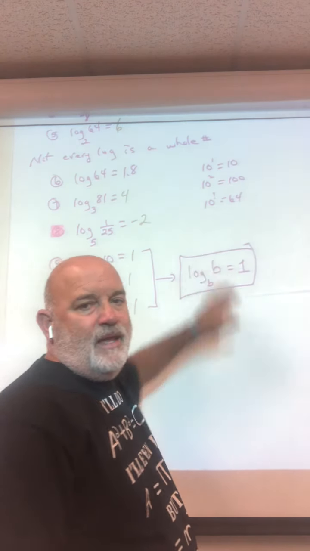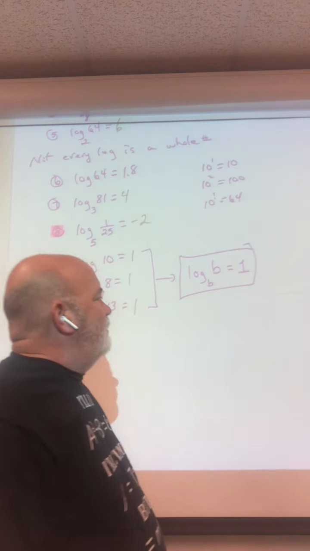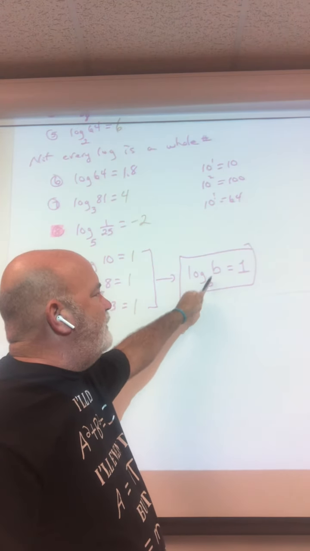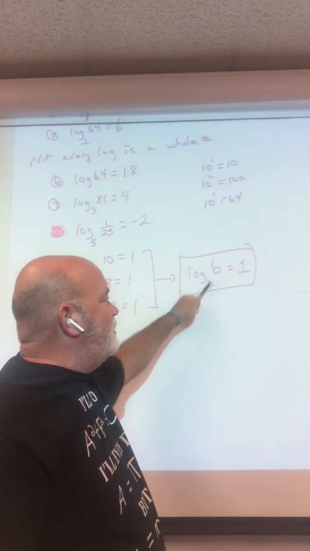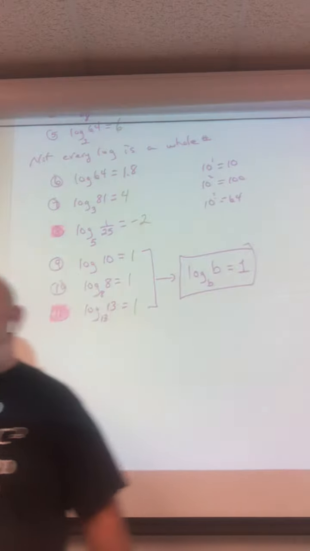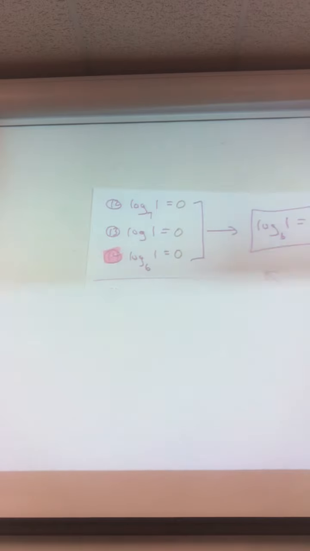All this simply means is anytime these 2 numbers are the same. So 7, 7, 50, 50, 2.3, 2.3, pi and pi. Anytime these 2 numbers are the same, the answer is always 1. Okay?